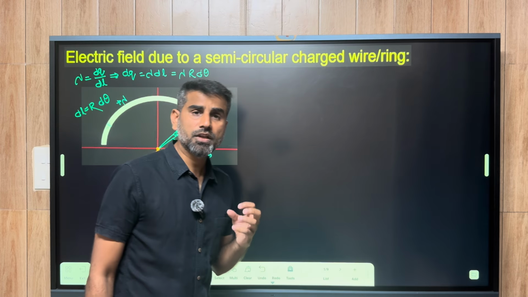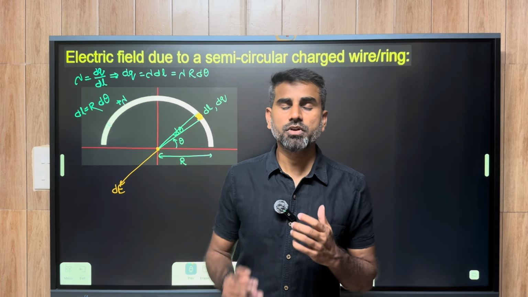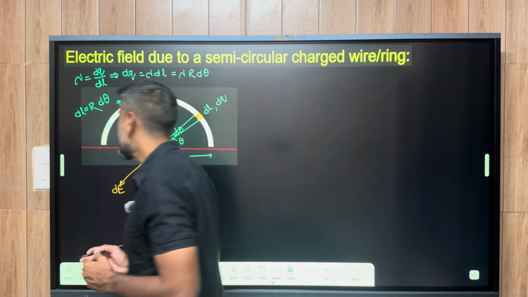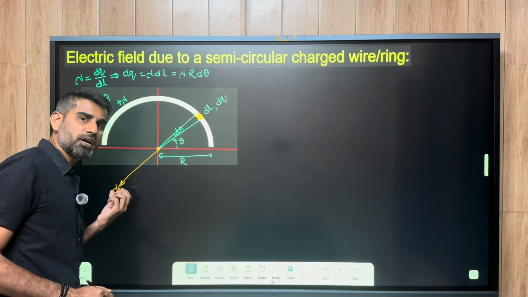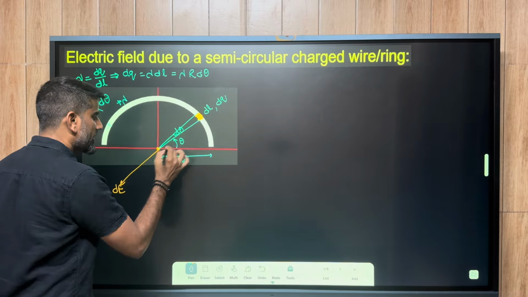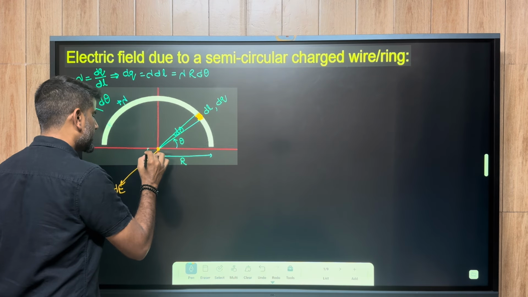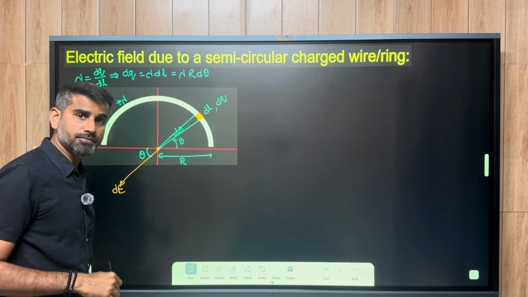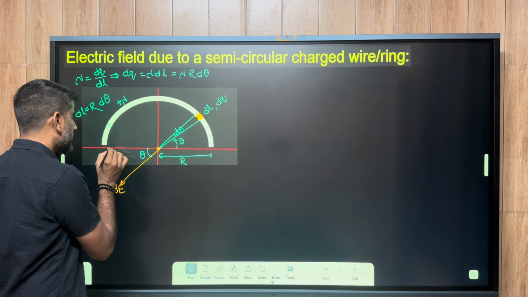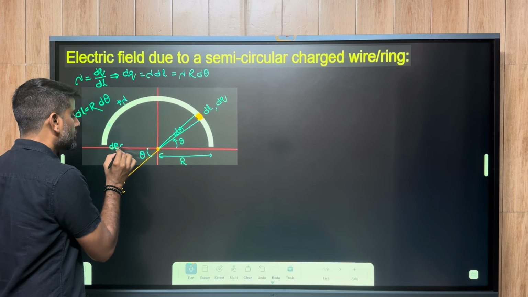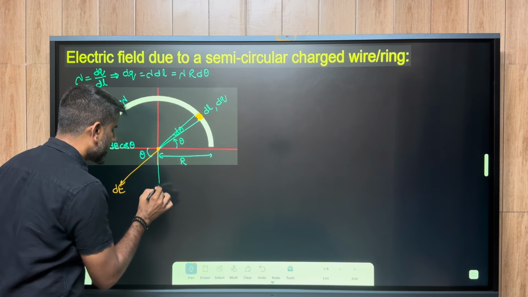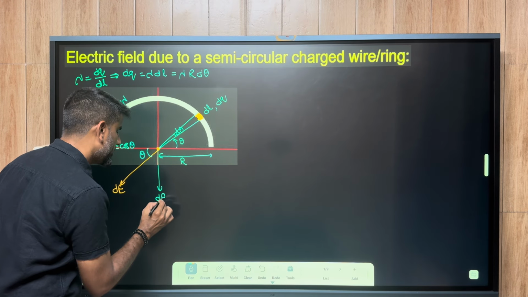As we all know, the electric field is a vector quantity, so it cannot be added directly. It should be added vectorially. To simplify this, I am going to divide this electric field into two components. If this angle is theta, then this angle also should be theta. Now this is dE, and its component along this direction would be dE cos theta, and the component along this direction will be dE sin theta.